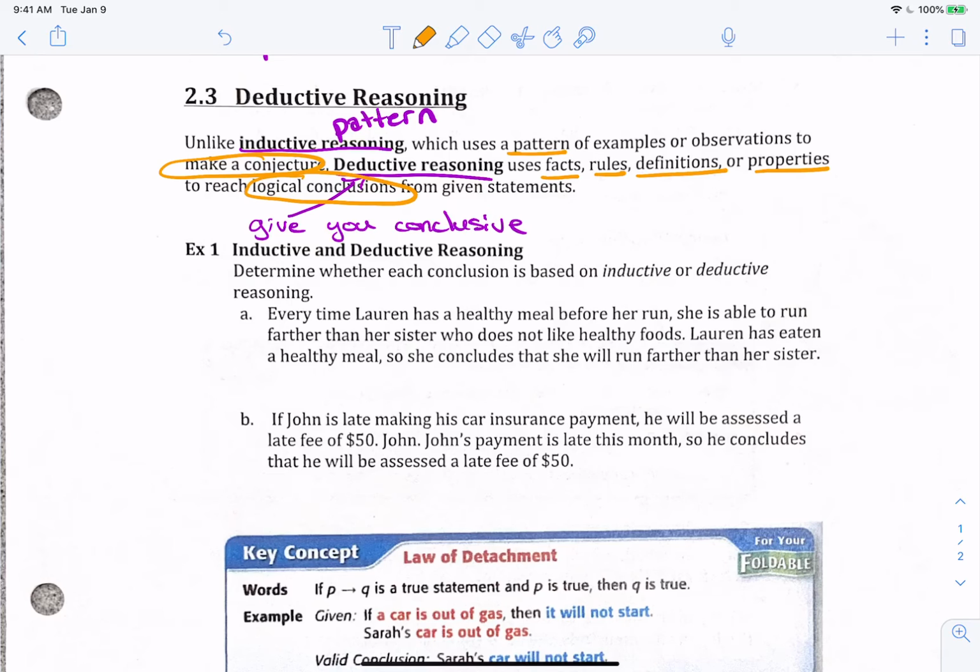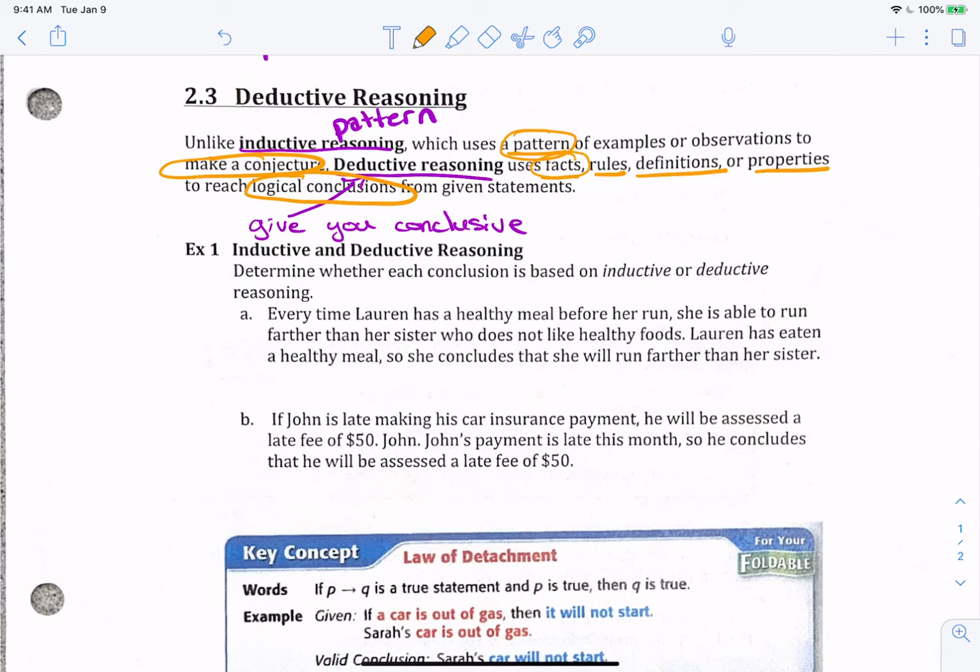Every time Lauren has a healthy meal before her run, she is able to run farther than her sister who does not like to eat healthy foods. Lauren has eaten a healthy meal, so she concludes that she will run farther than her sister. Is that based more on patterns or on facts? I think it's more based on a pattern.